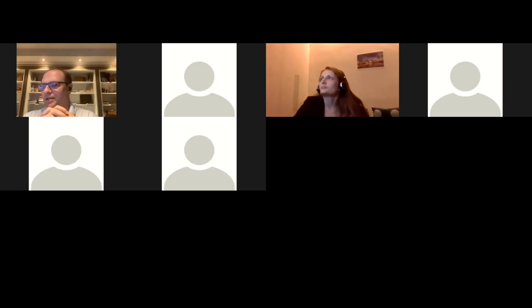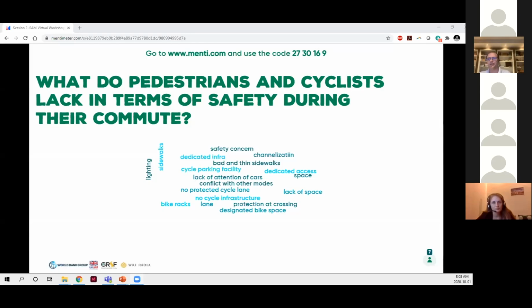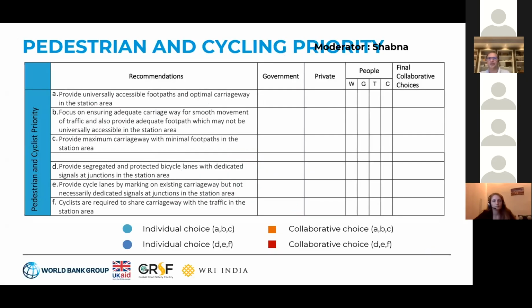So, as a government, I need to provide for a variety of needs. While I fully appreciate that some people want to work and I want to create the right space for them, I also need to take care of the drivers and the buses that are on the road and give enough space.